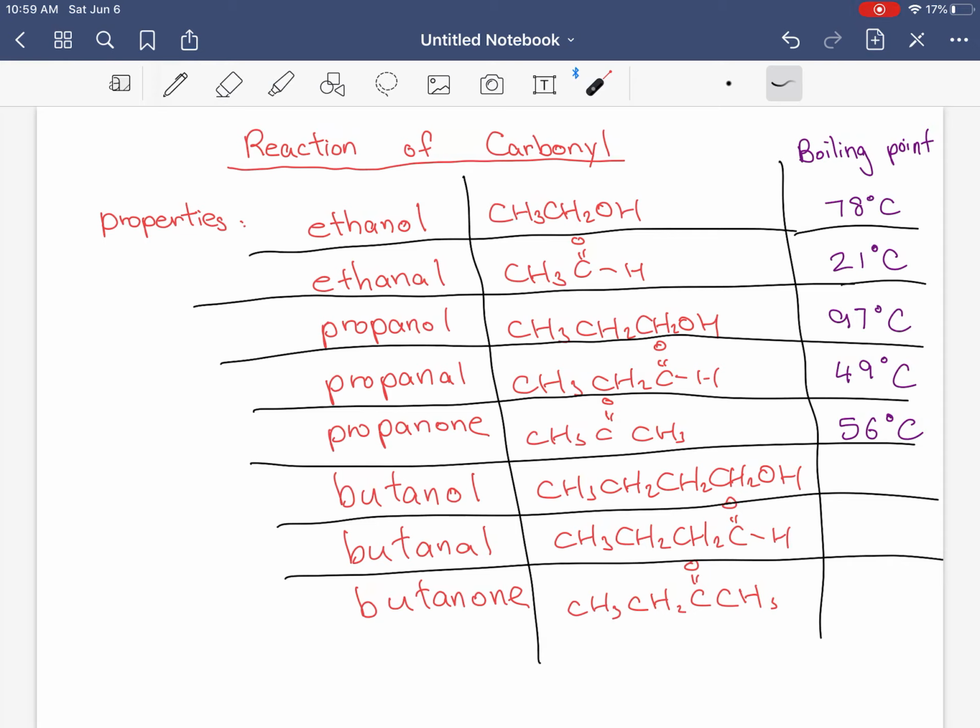The reason is you still have this polarity here, the C double bond O. But the difference here is that for propanone, there's two sites of London dispersion force on the left and on the right, whereas propanal only has this set right here. This is really nothing, there's not much going on here.